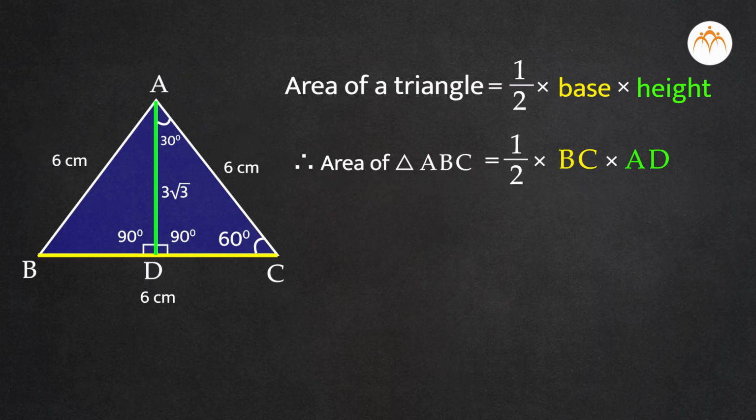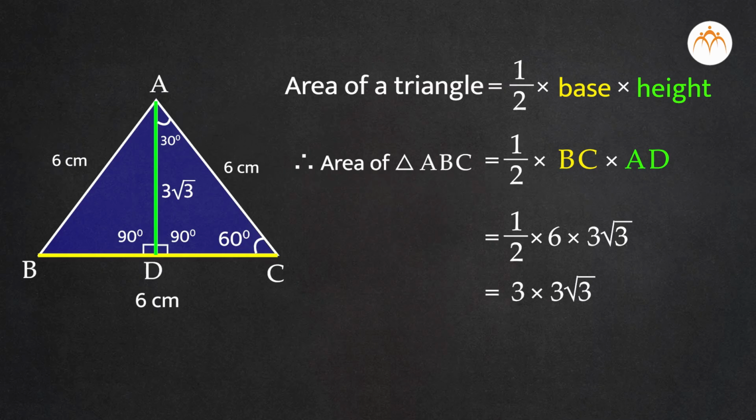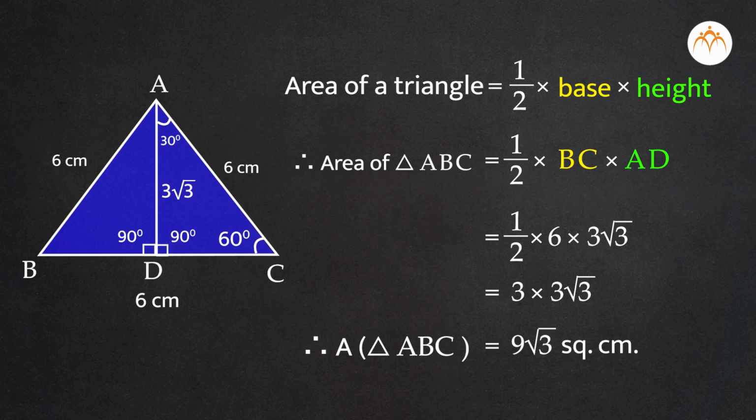Therefore, area of triangle ABC is equal to 1 upon 2 into 6 into 3 square root 3 is equal to 3 into 3 square root 3. Therefore, area of triangle ABC is equal to 9 square root 3 square centimeter.